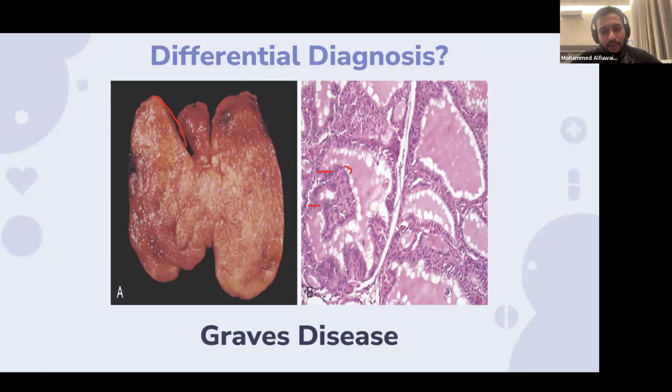I'm not sure about that one, but the one I was looking for is IL-2 receptor alpha. Okay, remember these three genes: CTLA4, PTPN22, and IL-2 receptor alpha. These three genes are associated with Graves' disease.